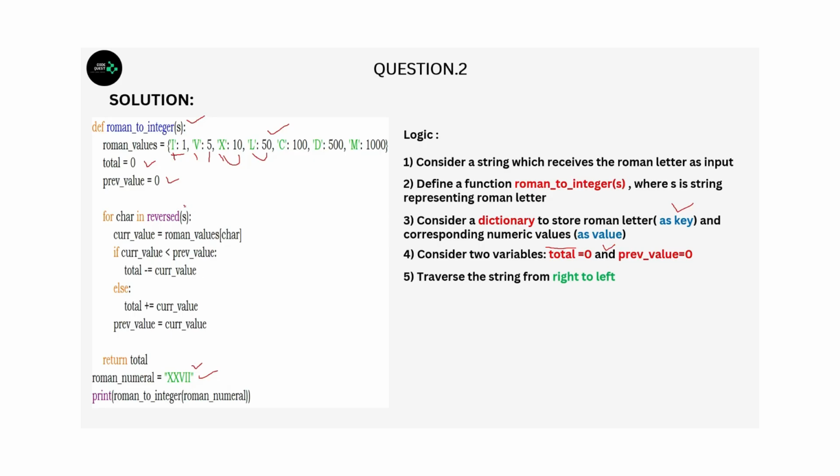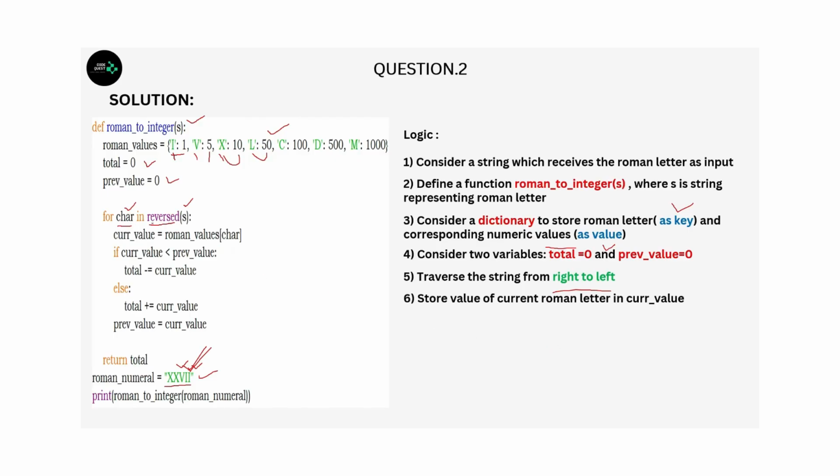What reversed does is read the characters of S in reverse order, and char takes each character in the reverse of S. In this context, char is going to receive I first, then I, then V, then X, and finally X. That is, I traverse the string from right to left.